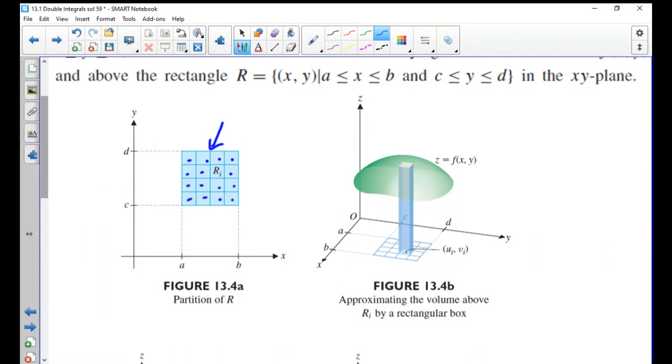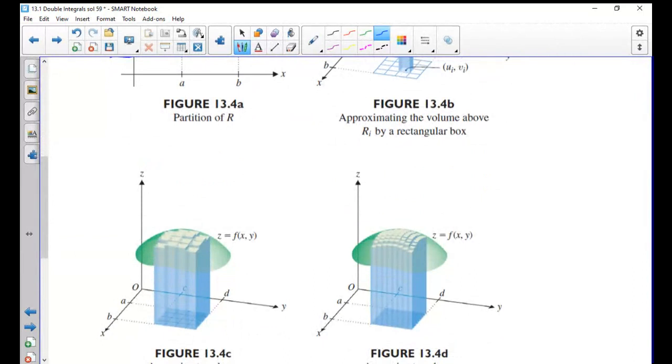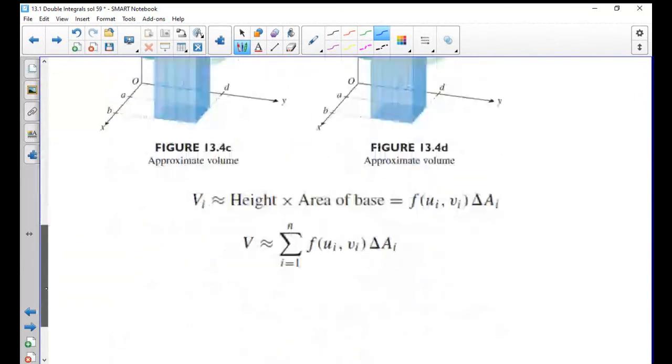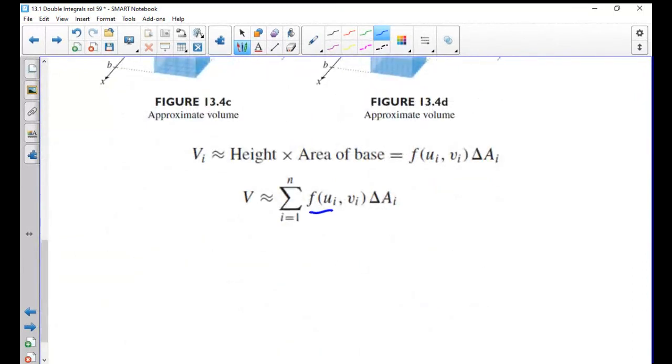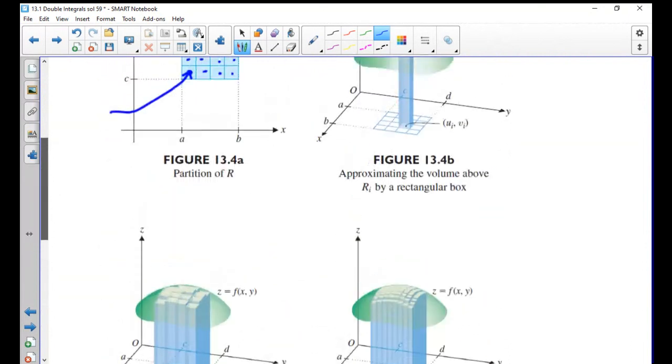And then in each square, you take a point. In each one, you take a point. This point this time has two coordinates.